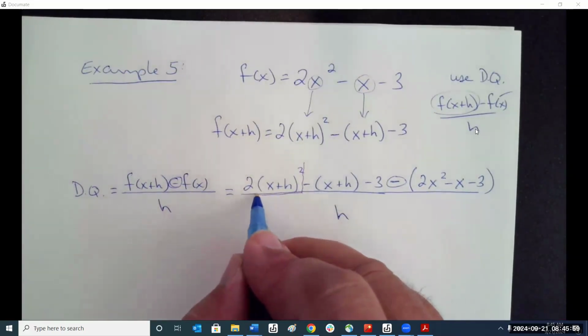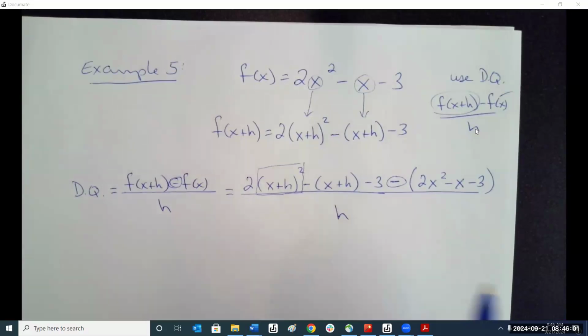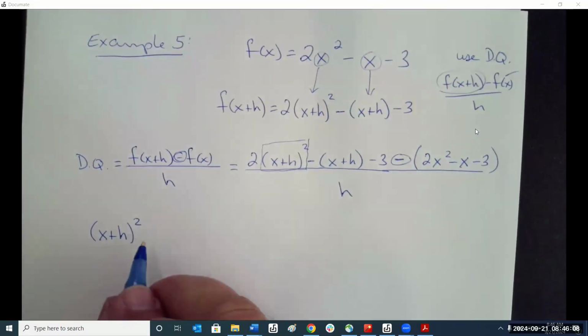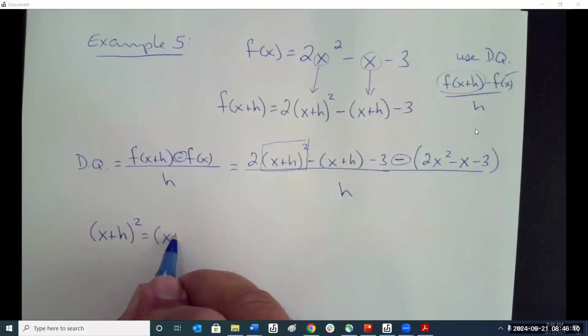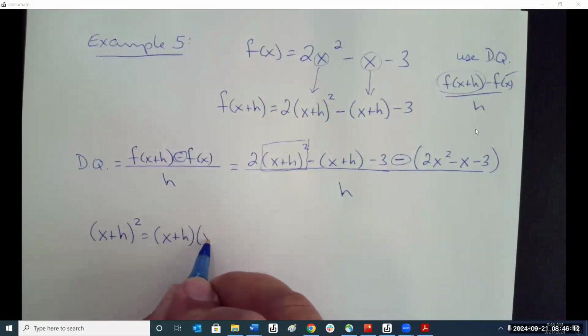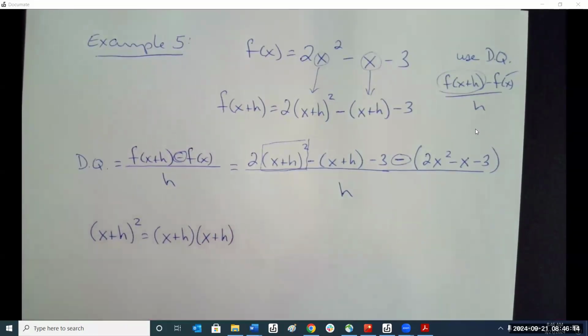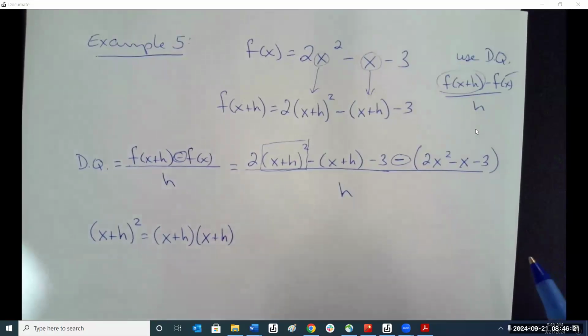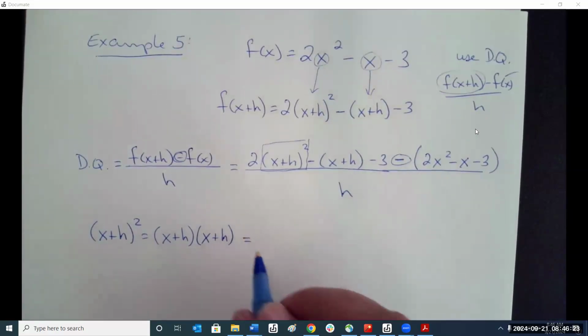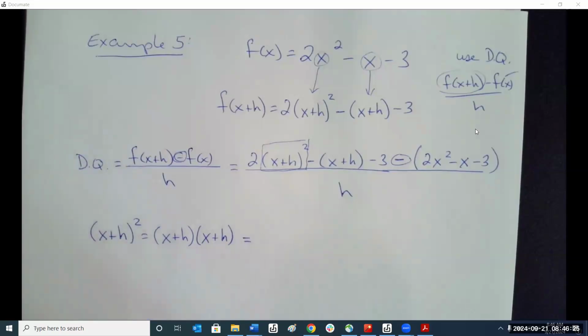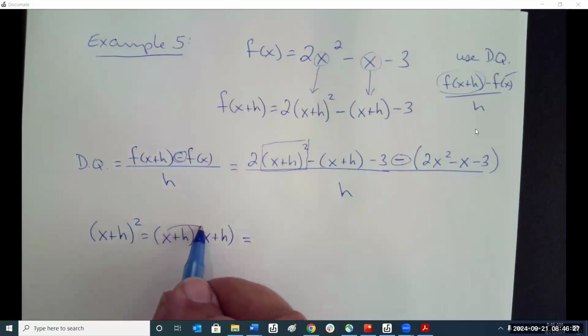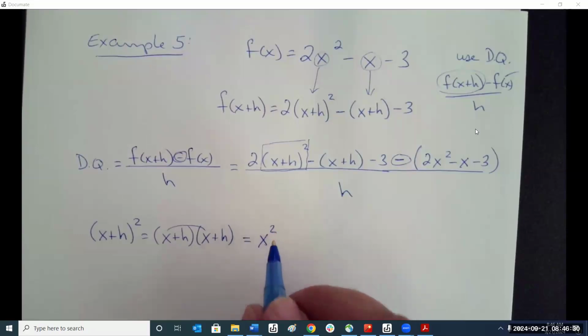Here's the first long part. X plus h squared means x plus h times x plus h. Like 2 squared is 2 times 2, which is 4. So that means I have to multiply these two together. So x times x is x squared.